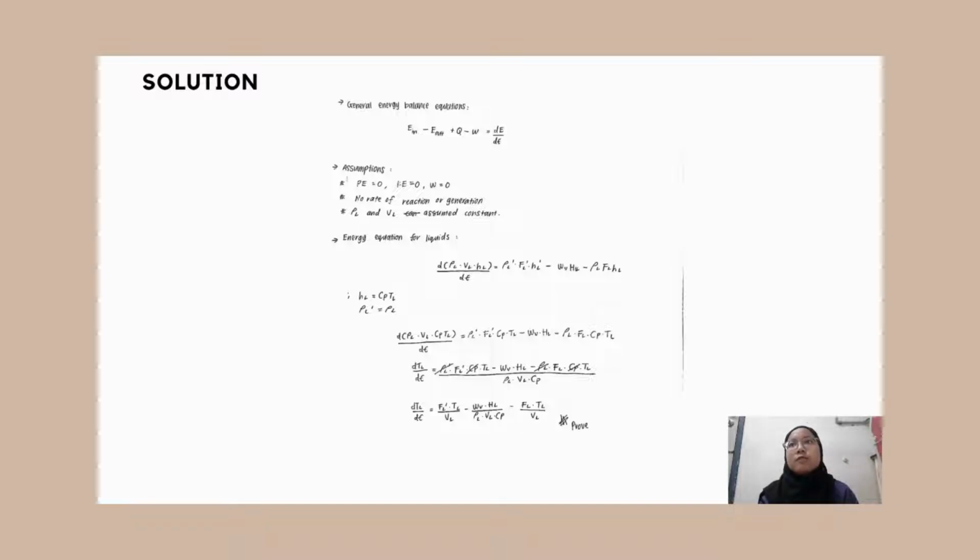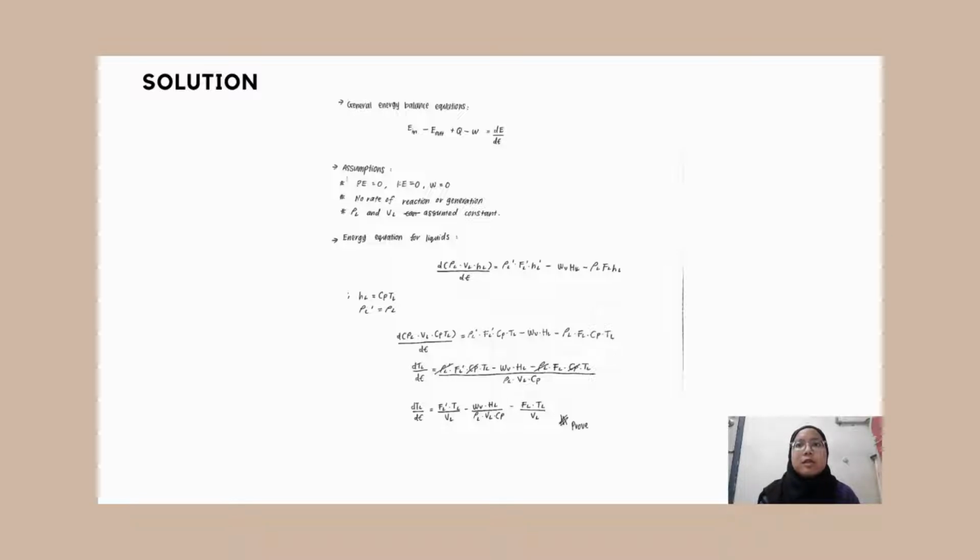So for the energy in, we can say rho L prime, FL prime, and HL prime, minus WV HL, and also minus rho L, FL, and HL. And then we stated that HL is equal to CP TL, and also rho L prime is equal to rho L.